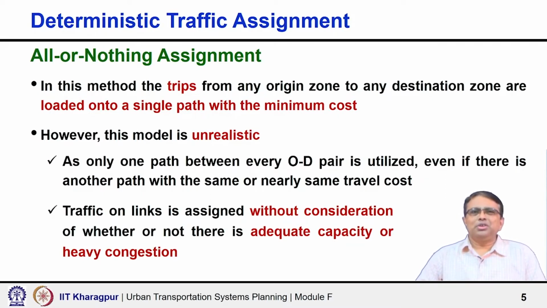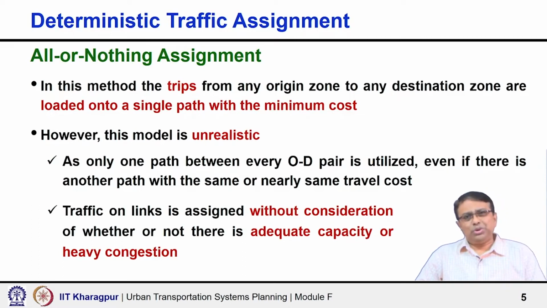Under such conditions, on some links the road may not be able to take the demand I am assigning. The demand may even be more than the capacity, so the road link simply cannot take that much. Or it may be not up to the level of capacity but close to it, which means there is heavy congestion on the road.